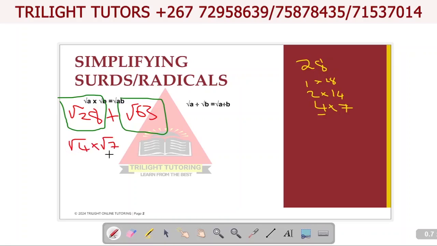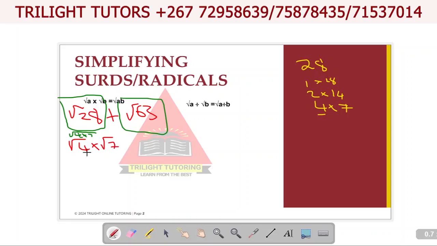Remember this is the same as saying the square root of 4 times 7. When we expand it, it's going to be the square root of 4 times the square root of 7. Remember the law of multiplication that I taught you before.